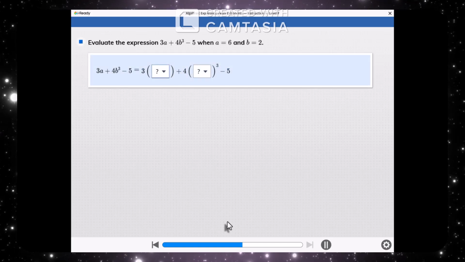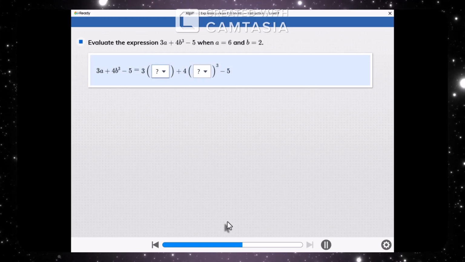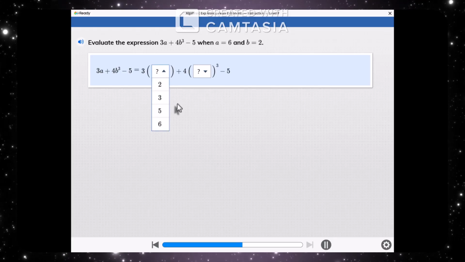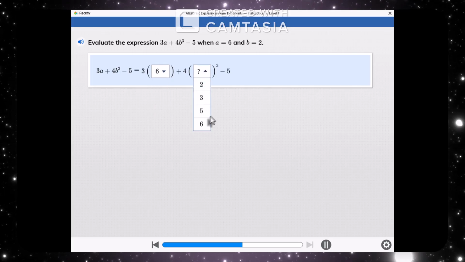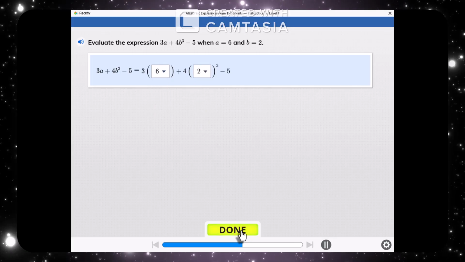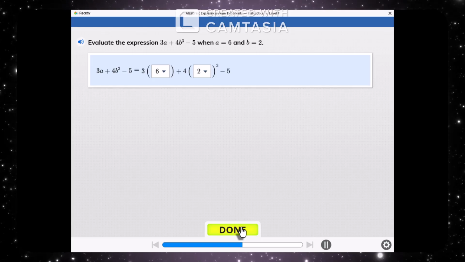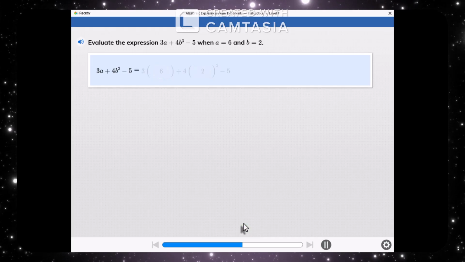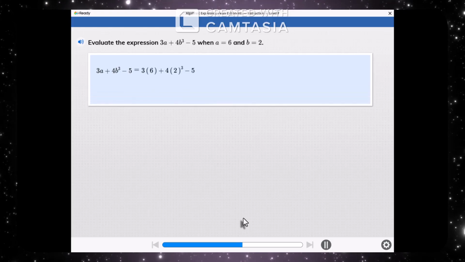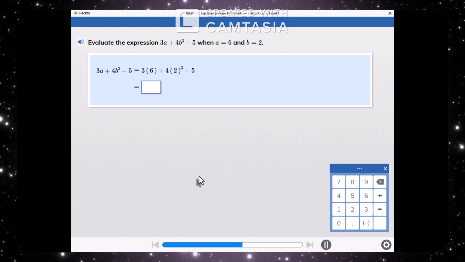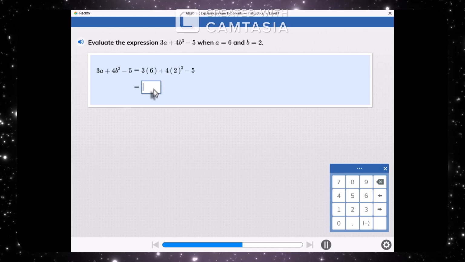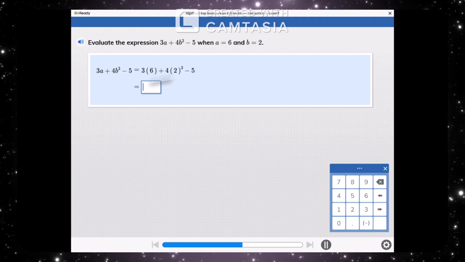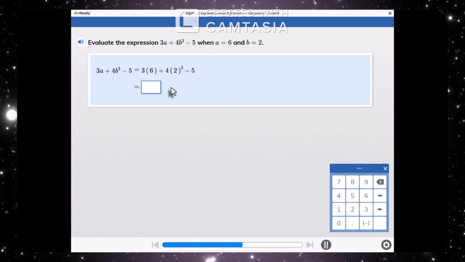Evaluate the expression 3a plus 4b cubed minus 5 when a equals 6 and b equals 2. Okay, a equals 6 and b equals 2. 3 times 6 is 18, plus 4 times 2 cubed.